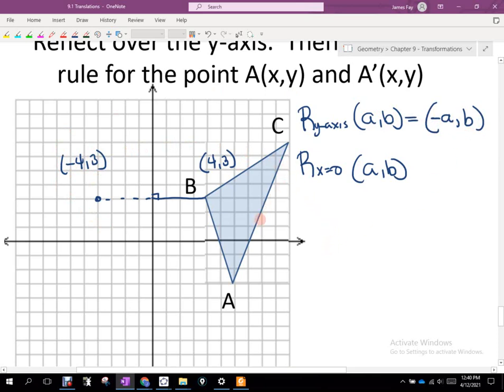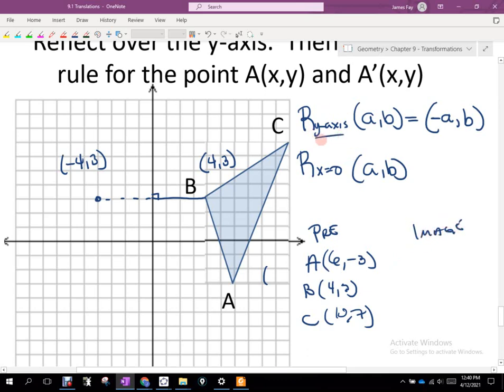Okay? What's nice about that is they say, if I give you points A, B, and C, and a lot of times they'll do this, B was located at (4, 3), A is at (6, -3), and C is located at (10, 7). And that's my pre-image. And they want you to go to the image after reflecting across the y-axis.